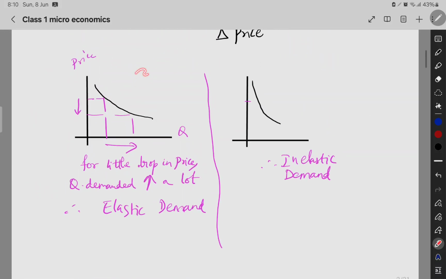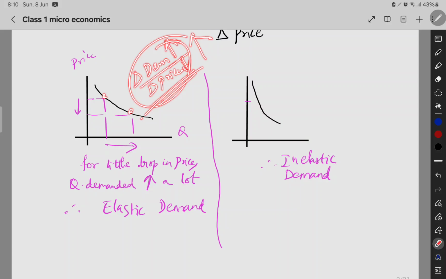Similarly, the same formula I can apply here: change in demand with respect to change in price. My change in demand is a lot when my change in price is very little. That means I dropped my price very little, but the quantity demanded increased a lot. That means the total value increases.